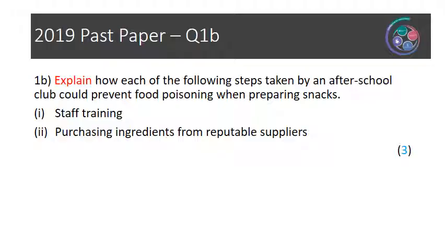You must cover part 1 and part 2. So you could have 2 points relating to staff training and 1 for purchasing ingredients from reputable suppliers, or you could have 1 point for staff training and 2 points for purchasing ingredients from reputable suppliers. Pause this presentation and attempt the question before you check over the answers.